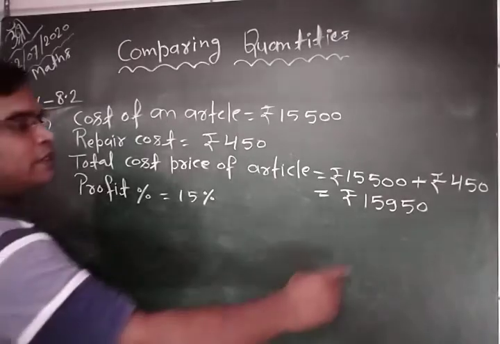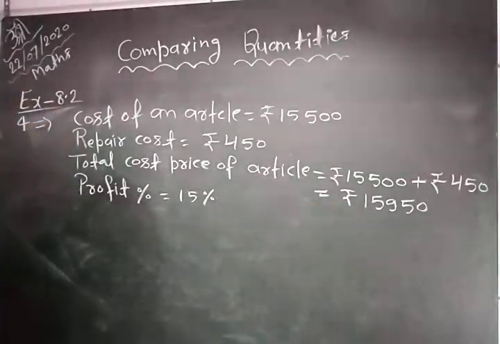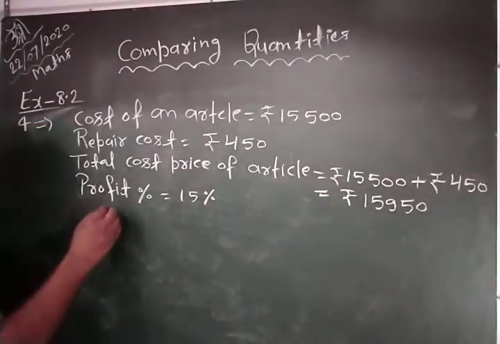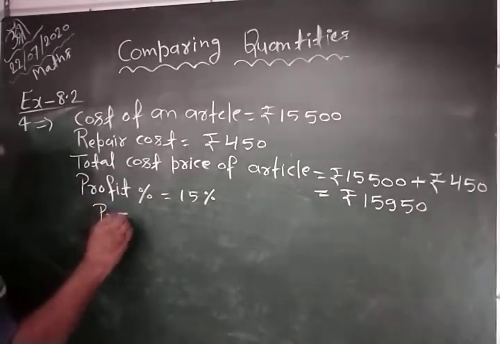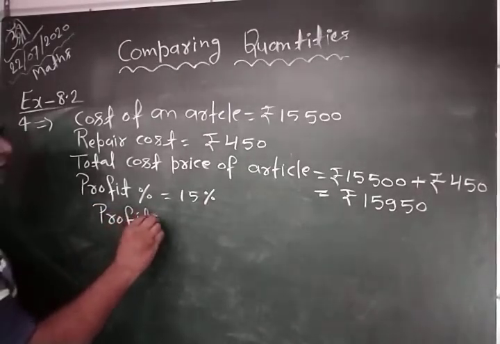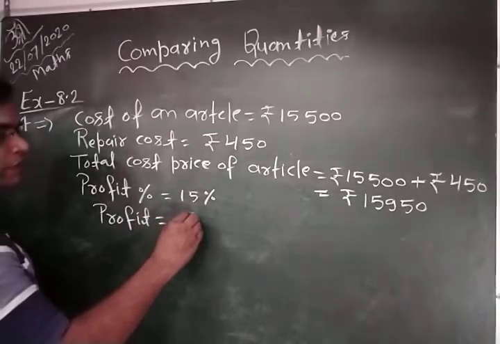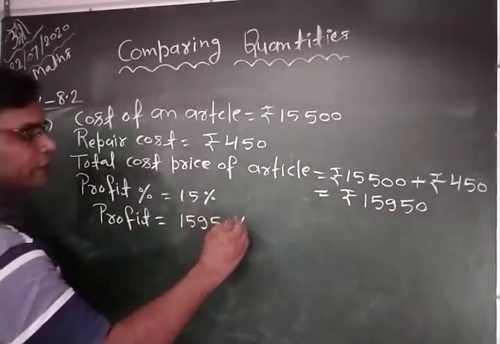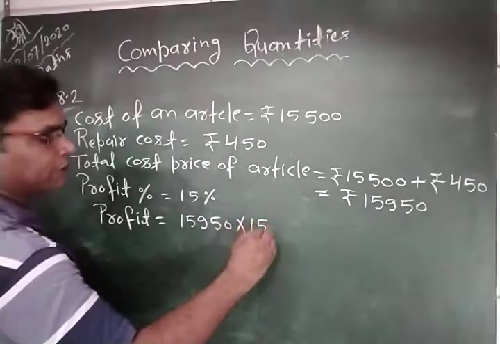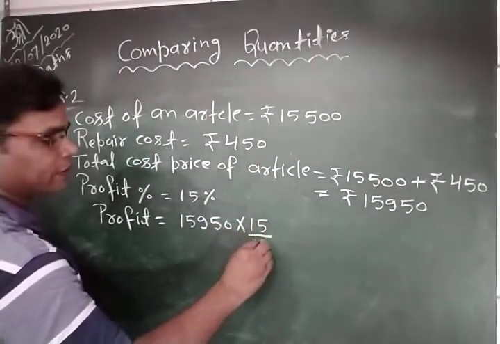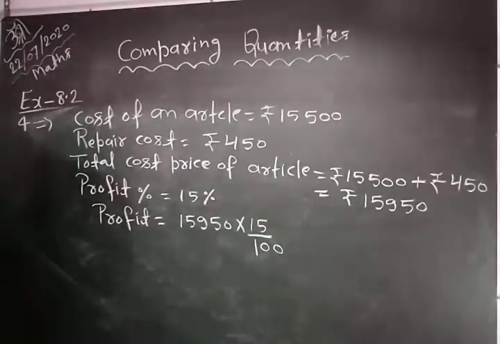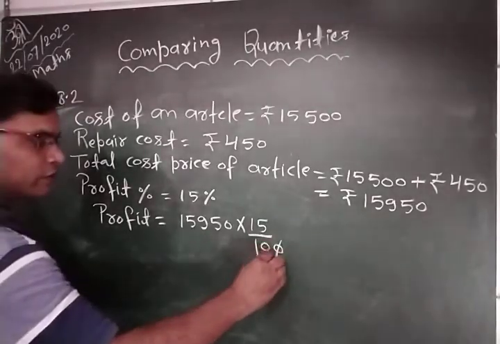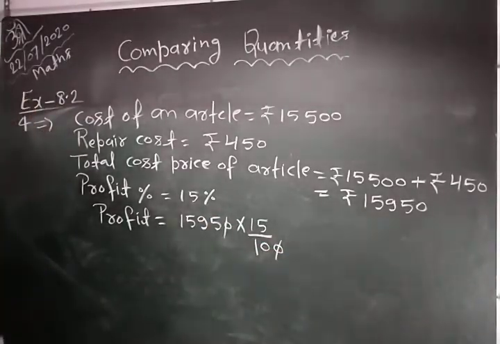You find the profit on the cost price. Okay, so profit is equal to 15,950 into 15 by 100. Clear? You can cancel 10 with 10.